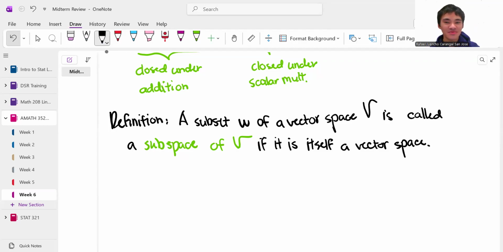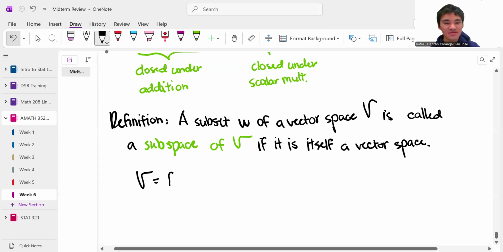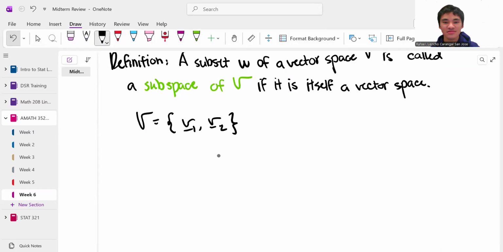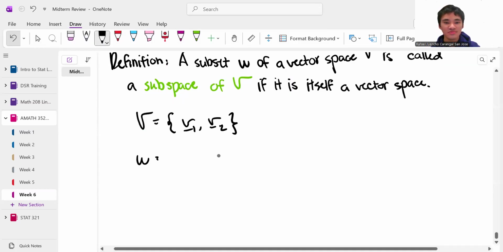So maybe an example, say we have this vector space which contains, I don't know, v1, v2. I don't know what components there are, but these are vectors, right? So maybe a subset could be W equal to v2.